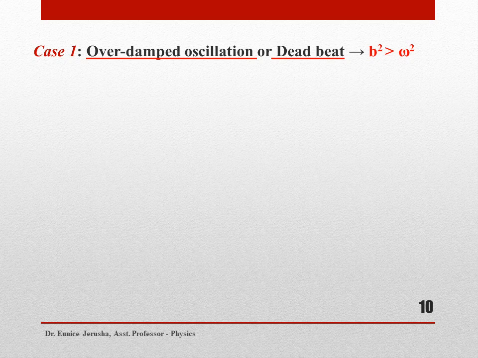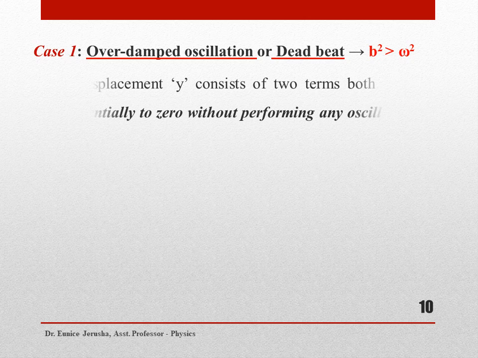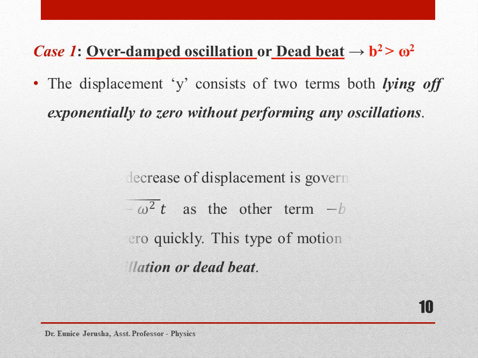This occurs when b square is greater than omega square. When b square is greater than omega square, the displacement will consist of two terms both dying off exponentially to 0 without performing any oscillation.